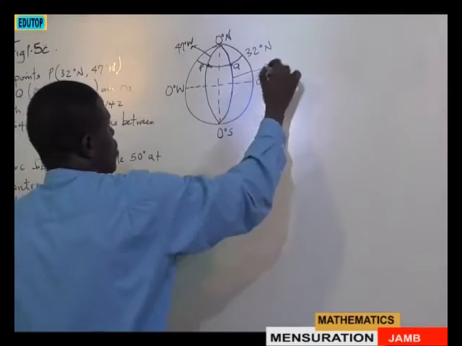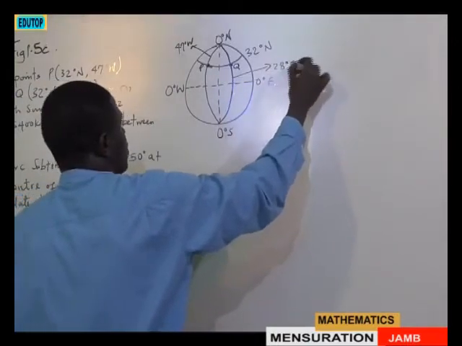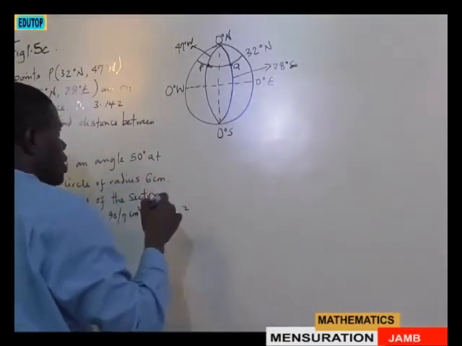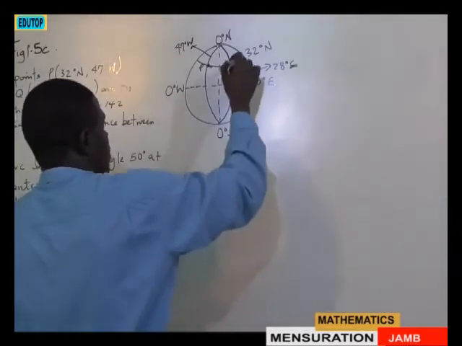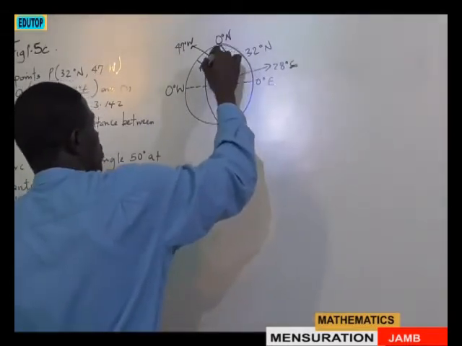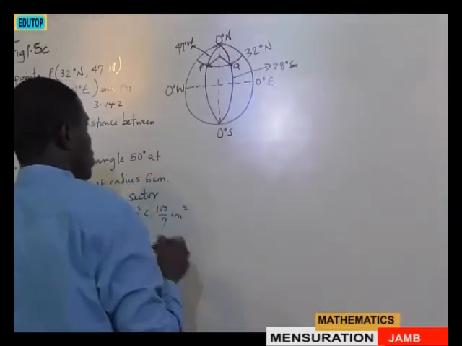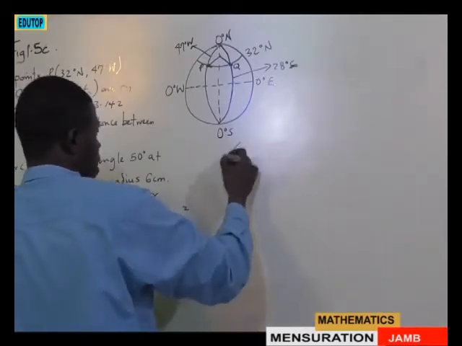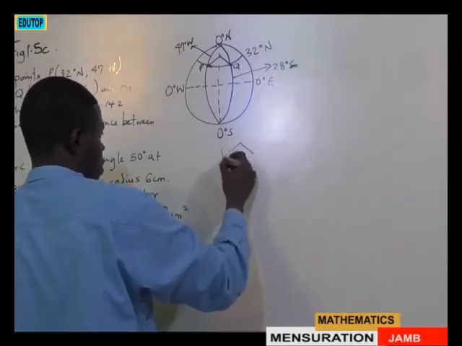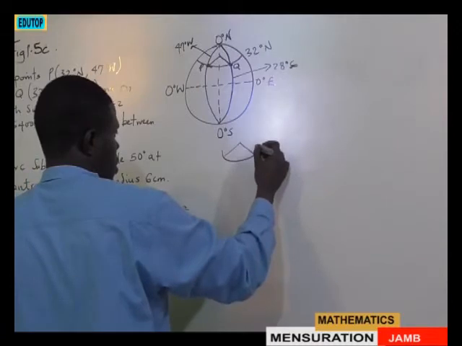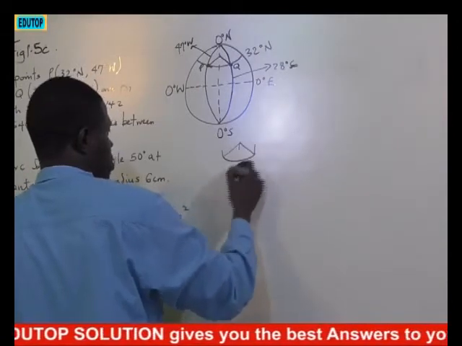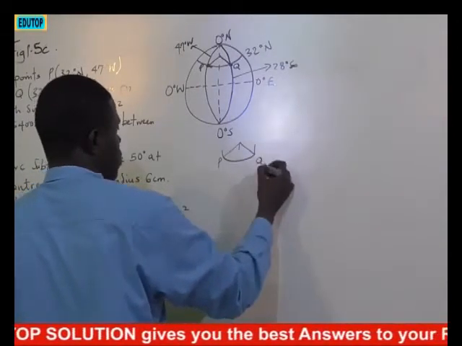So that is 28 degrees east. So all we need to do is to carve out a point here, and it will be looking like this. Meanwhile, this is our P and this is our Q.